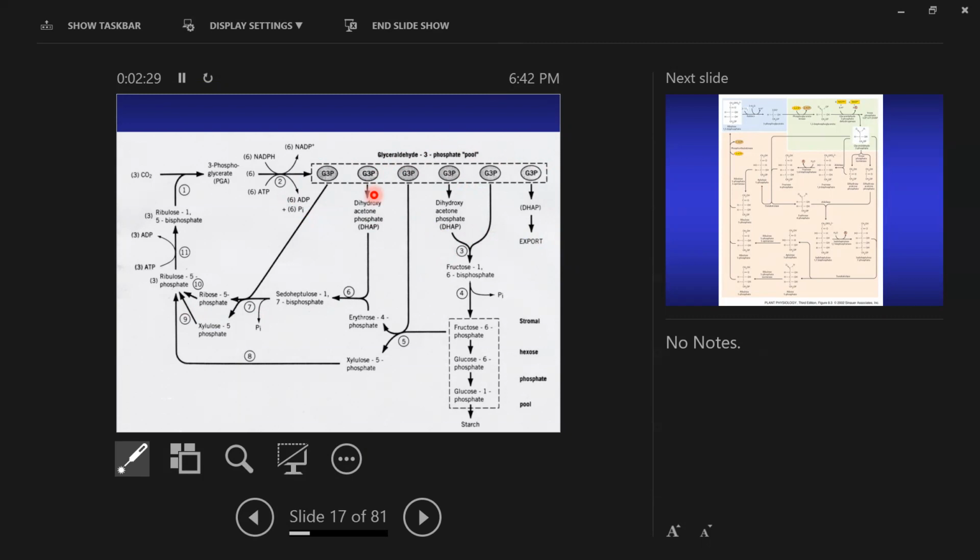I'm not really going to cover that till the next exam. The whole conversion to DHAP, and then it goes out for sucrose synthesis. I'll talk about that on the next exam, the 4th exam. So with the regeneration, just focus in on how we combine these G3Ps, playing that numbers game, in order to get finally ribulose 5-phosphate.